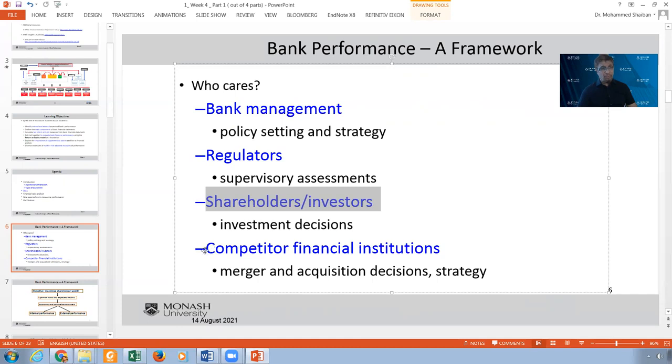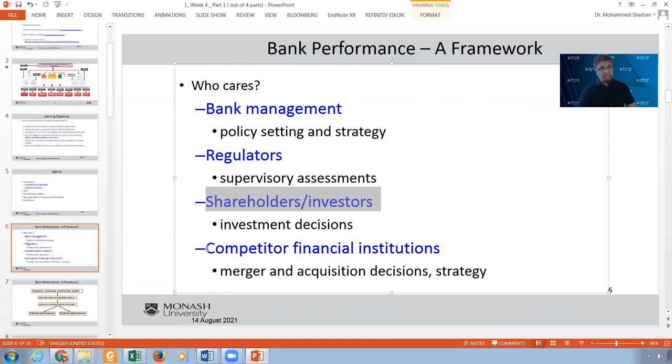And this is a very important issue in what we call the free market mechanism, because there are mergers, acquisitions, takeovers. So all of this is very important, in a way that only strong banks can stay in the market, and that will help the financial system and the regulators and make better financial services.